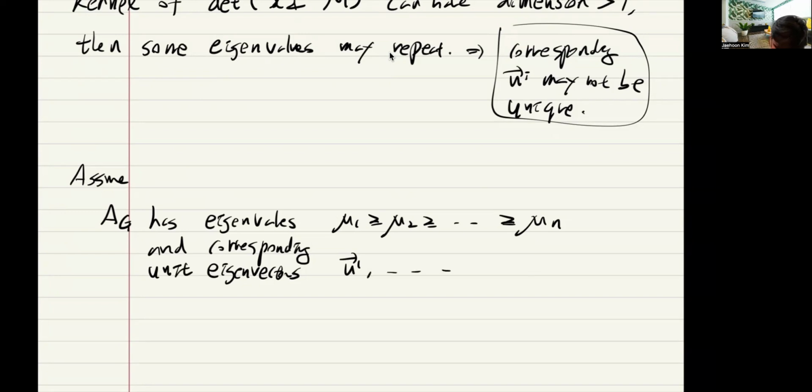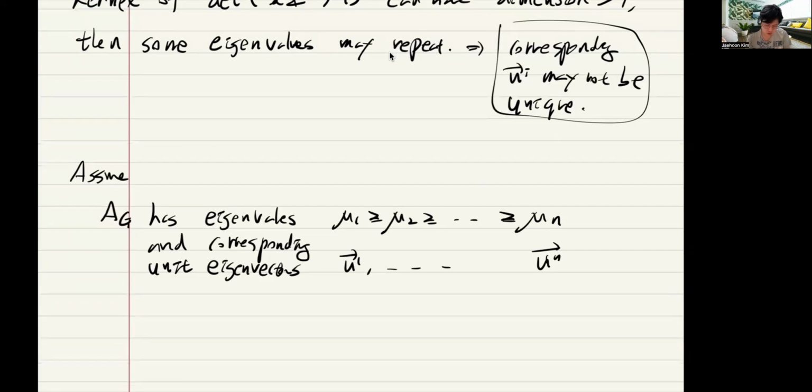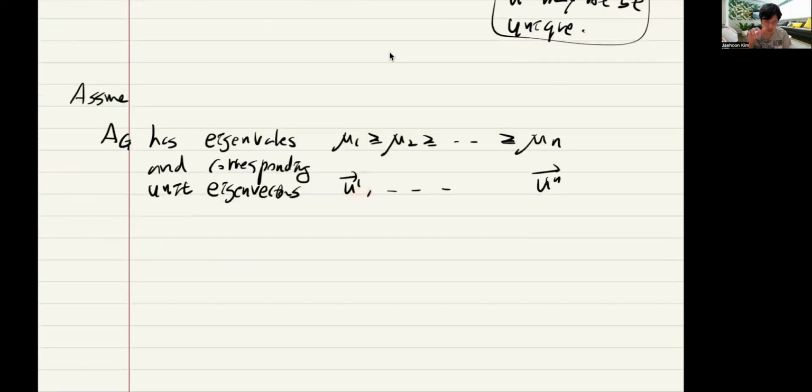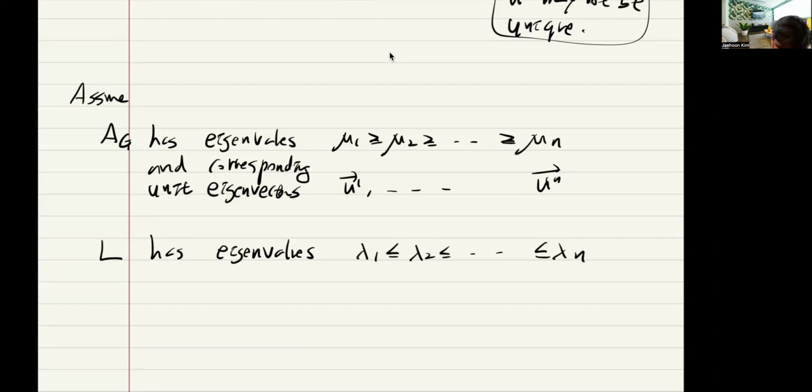Let's write them as vectors u 1 to u n with a superscript, because I want to write a subscript to denote the coordinate. We can talk about the i-th coordinate. And also the Laplacian, let's say it has eigenvalues lambda 1, lambda 2 to lambda n in increasing order.